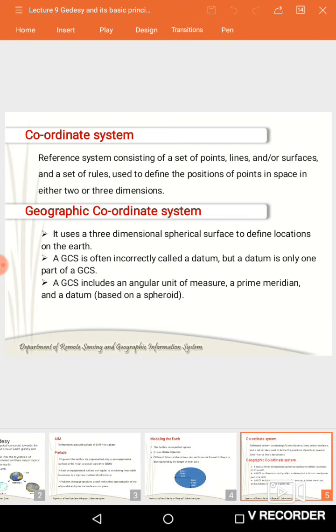And next we'll see the coordinate system. This is nothing but the set of points or lines used to define the positioning of the earth either in 2D or in 3D format. The 3D spherical surface used to locate the earth is known as the geographical coordinate system.